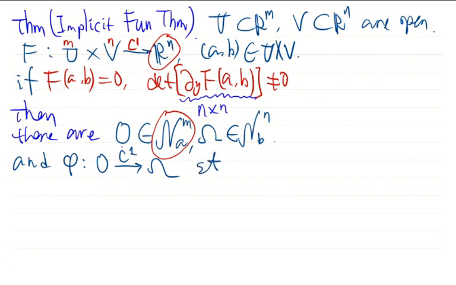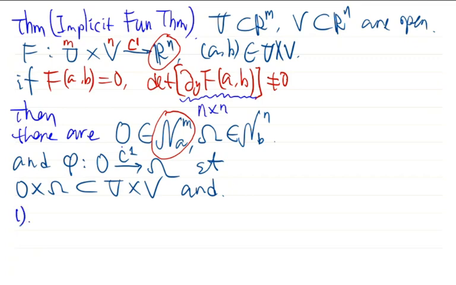such that, of course, we need to have O cross omega contained in U cross V, and the following are the essential conclusions of the theorem.